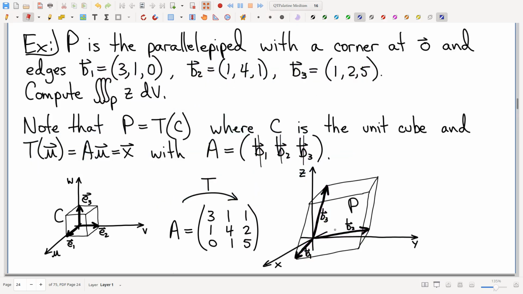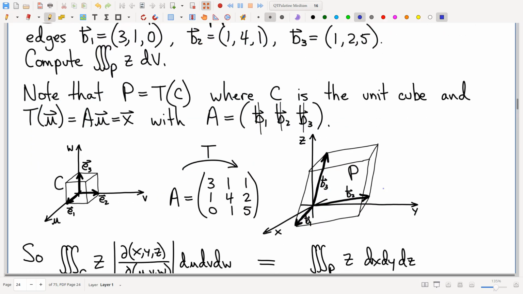So let's see here. I am going to assert that my pullback domain is just going to be the unit cube. Again, everybody's favorite domain for a triple integral. Unit cube, 0 to 1, 0 to 1, 0 to 1. Can't beat that. Right? So, okay, how do I know? I mean, I'm asserting that the image of this is this. How do I know that's true? Well, let's look at the edges one at a time. What's the image of e1?